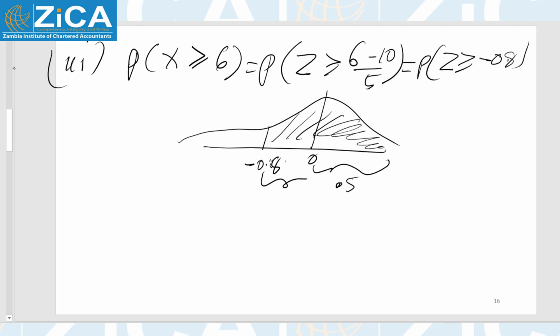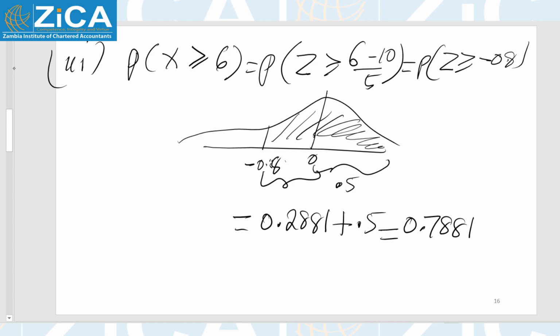You look for this value here, and it will be for the positive side. If you look in the tables, this will be equal to 0.2881, plus 0.5. And this is how you get 0.7881 as your answer.